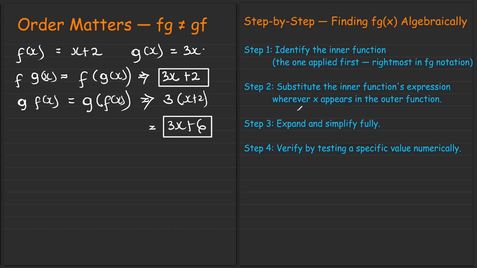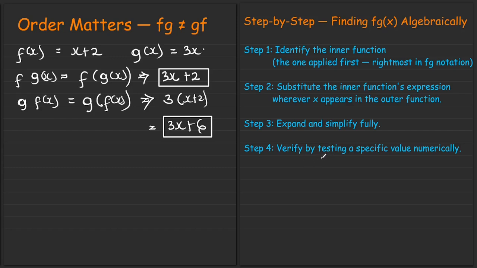After which you substitute the inner function's expression wherever x appears in the outer function. So whatever you've gotten for the inner function, you put it in here for the outer function. You expand and simplify fully, and then you can choose to verify by testing specific values numerically.